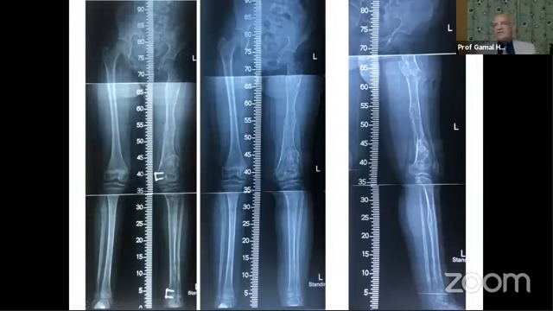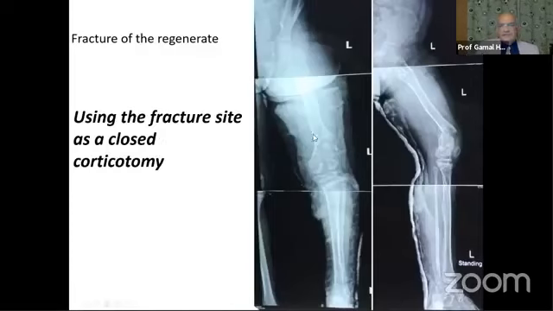And we told the patient that we are planning lengthening after 3 years to finish the problem of limb length inequality. However, after 6 months, we have this pathological fracture at the site of this. So we decided to use the fracture site as a closed corticotomy.